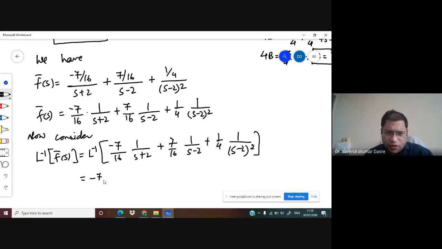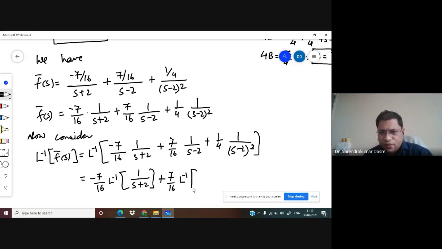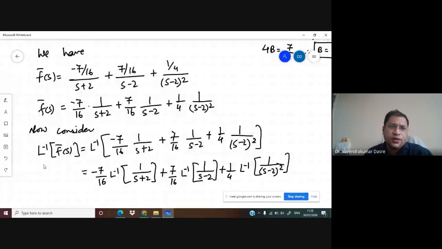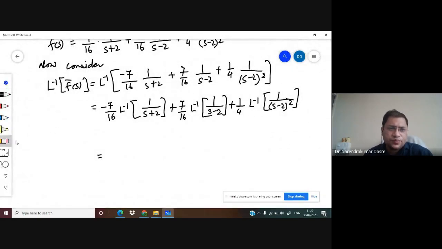Using the linearity property, we are able to write this as minus 7 by 16 Laplace inverse of 1 upon s plus 2, plus 7 by 16 Laplace inverse of 1 upon s minus 2, and plus 1 by 4 Laplace inverse of 1 upon (s minus 2) square.